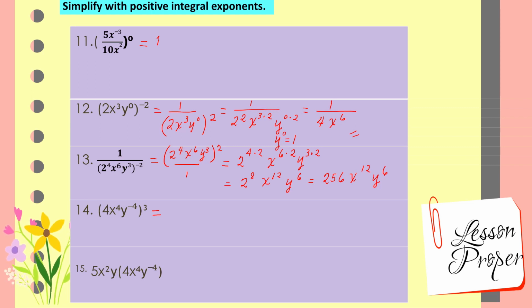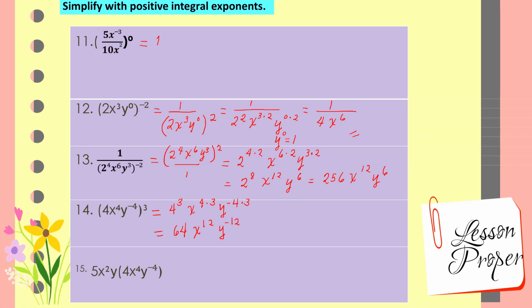Okay? So, 4 raised to the 3 times x, 4 times 3, and y, negative 4 times 3. So, you will have 4 raised to 3 is 4 times 4, 16 times 4 is 64. And then x raised to the 12 and y raised to the negative 12.